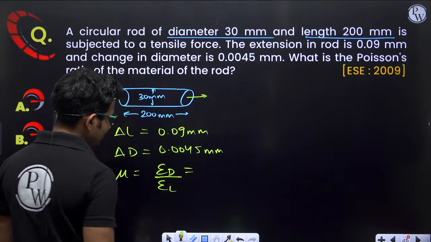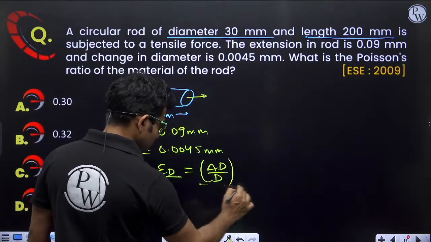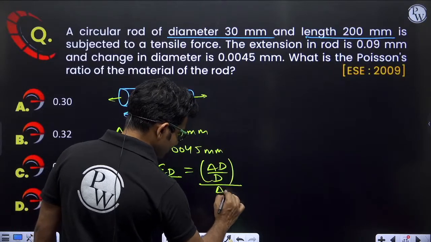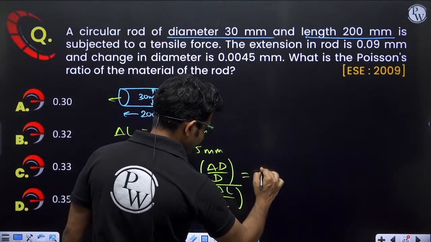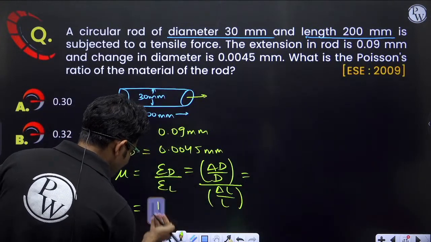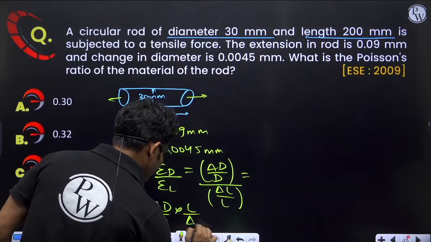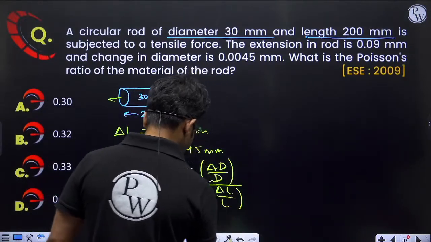Diametric strain will be delta D by D, and longitudinal strain will be delta L by L. So I can write it as delta D by D into L by delta L. This will be the Poisson's ratio.